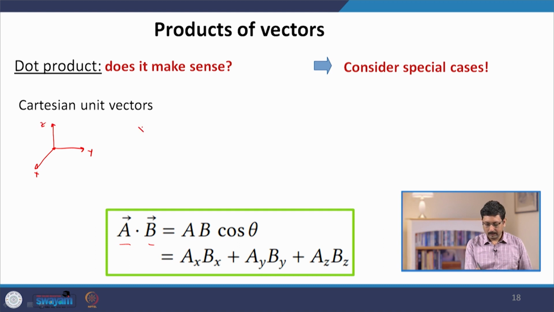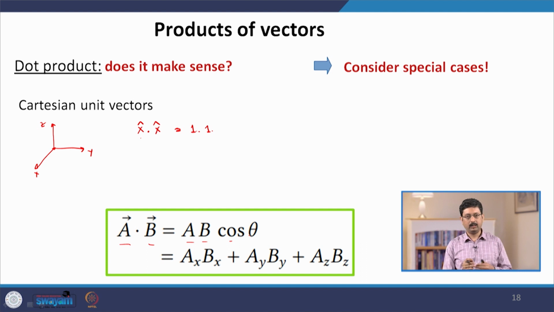So, what is x hat dot x hat? If I apply this formula, the x hat magnitude is 1, x hat magnitude is again 1, and cos theta, where theta, the angle between a vector and itself, is 0. So, cos of 0 is 1. This gives you 1, and similarly for the other components.